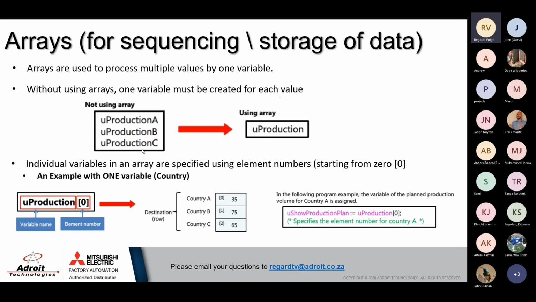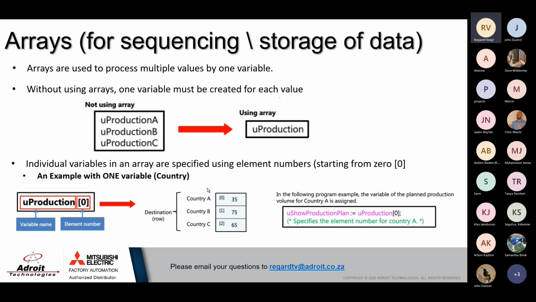So it's more efficient for large quantities of variables to be handled. Efficient programming. So you use a single variable to access different variables on a grid, whether a 2D grid or a 3D grid, and so on.